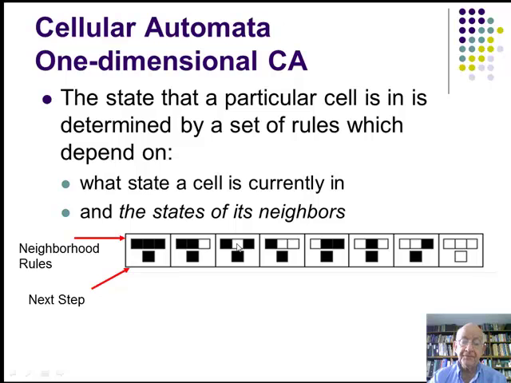In this case, the cell's current state is 0, the left neighbor is 1, the right neighbor is 1, and in the next generation it will be converted into a 1. In this case, the cell is 0, both its neighbors are 0, and it will remain 0 in the next step.